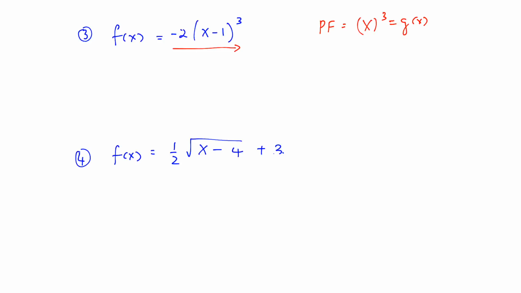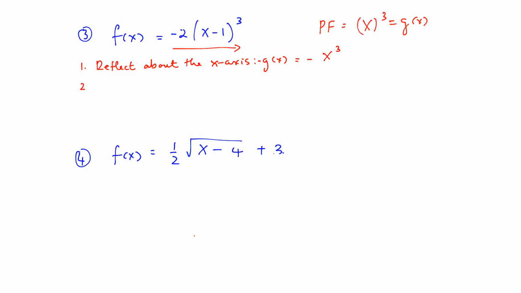My first step is I can reflect about the x-axis, which would mean that I have g of x with a negative in front, meaning I have negative x cubed.